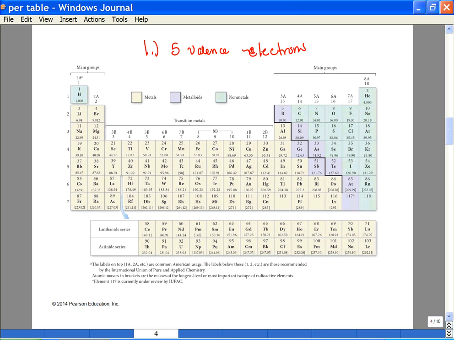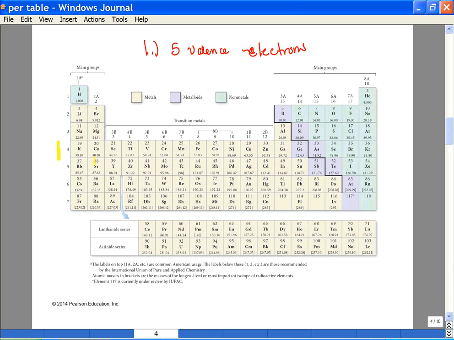So it asks us to look at the 4th row, so that's this row here, and name an element that has 5 valence electrons.